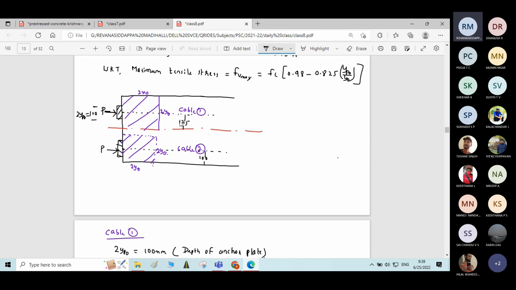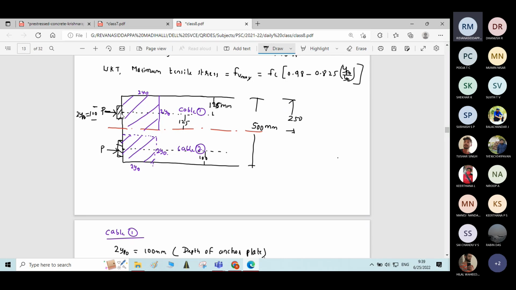The distance of the parabolic cable from the central axis at the support is 125 mm, because the overall depth is 500 mm and half of that is 250.